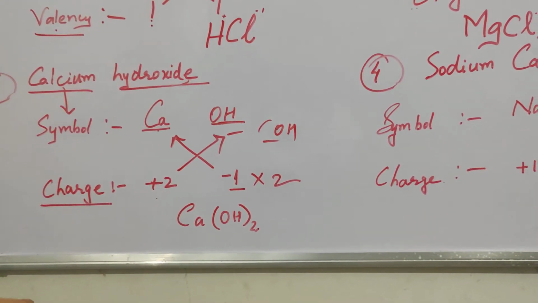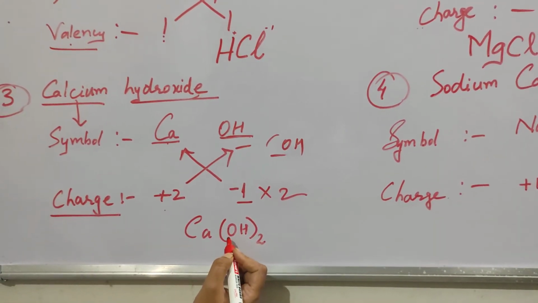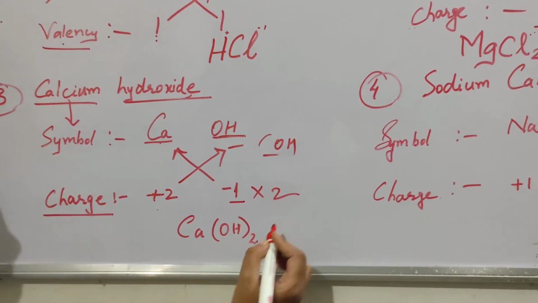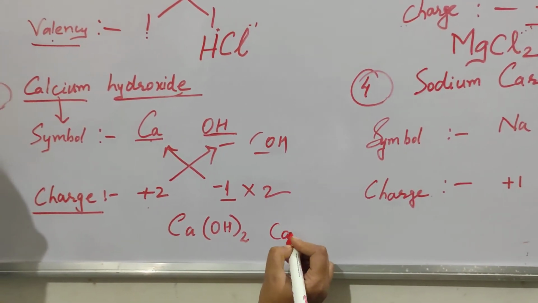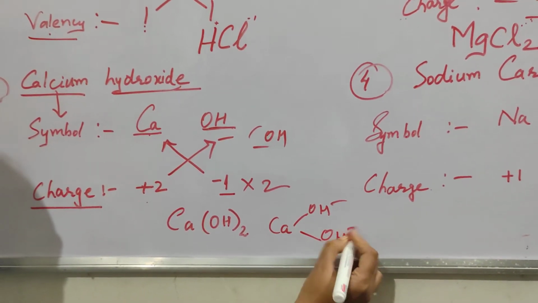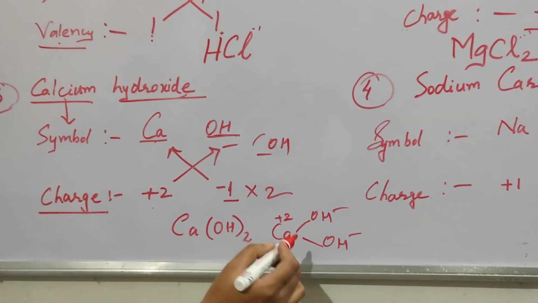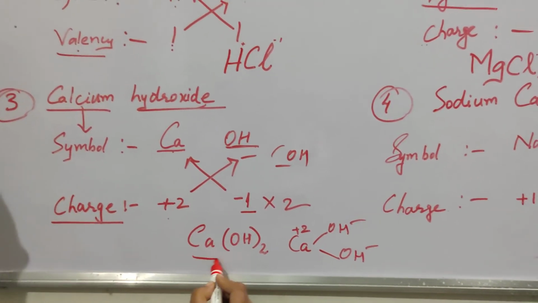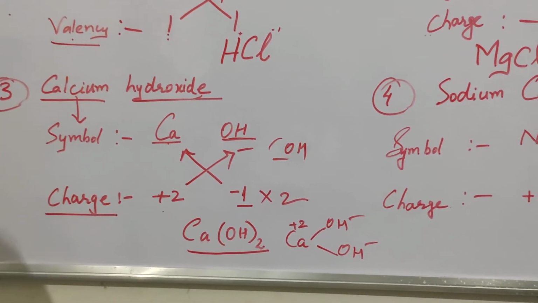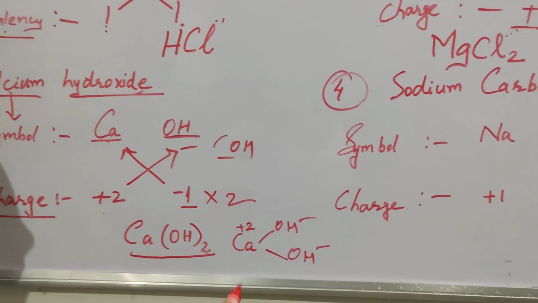And remember, in my rule I have mentioned that the polyatomic ion will be present in the bracket. This breakdown is only for understanding how it is possible. Otherwise, the exact formula will be Ca(OH)2, that is slaked lime or calcium hydroxide.